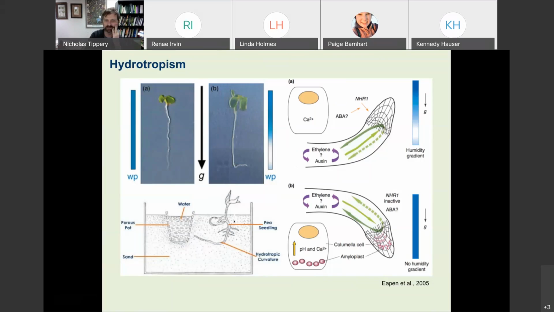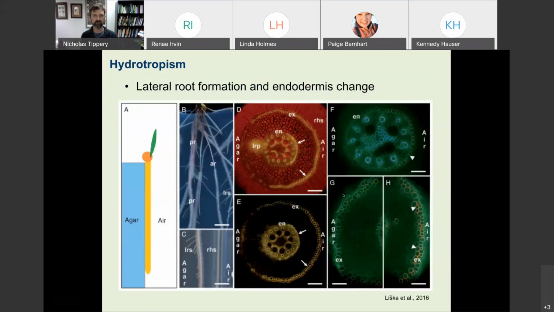Here's another experiment showing a seedling that has the ability to grow down, but it's next to a water source that it can follow the water gradient toward. So this shows some of the hormones potentially involved, the genes potentially involved, but obviously plants are pretty able to find water.